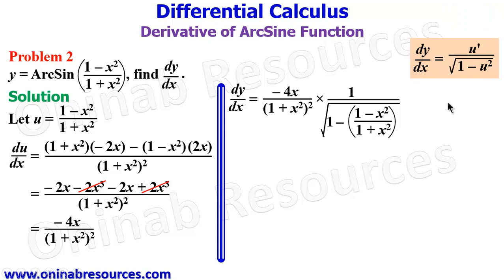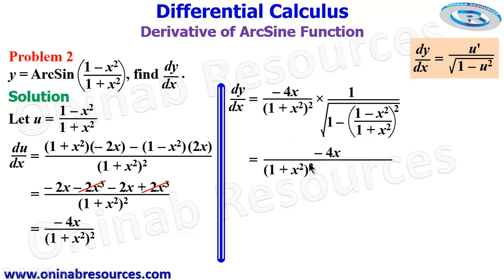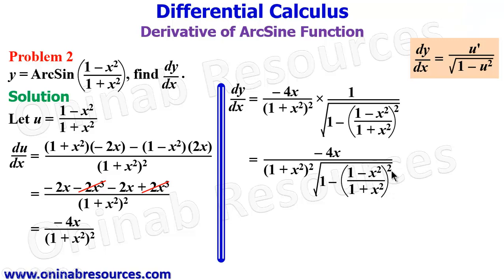Remember, it is all squared, so we have it to the power of 2. The square is only affecting this rational function. So we go ahead now to simplify. This is minus 4x times 1 giving us minus 4x, then over 1 plus x squared all squared, then the root of 1 minus 1 minus x squared over 1 plus x squared all squared.